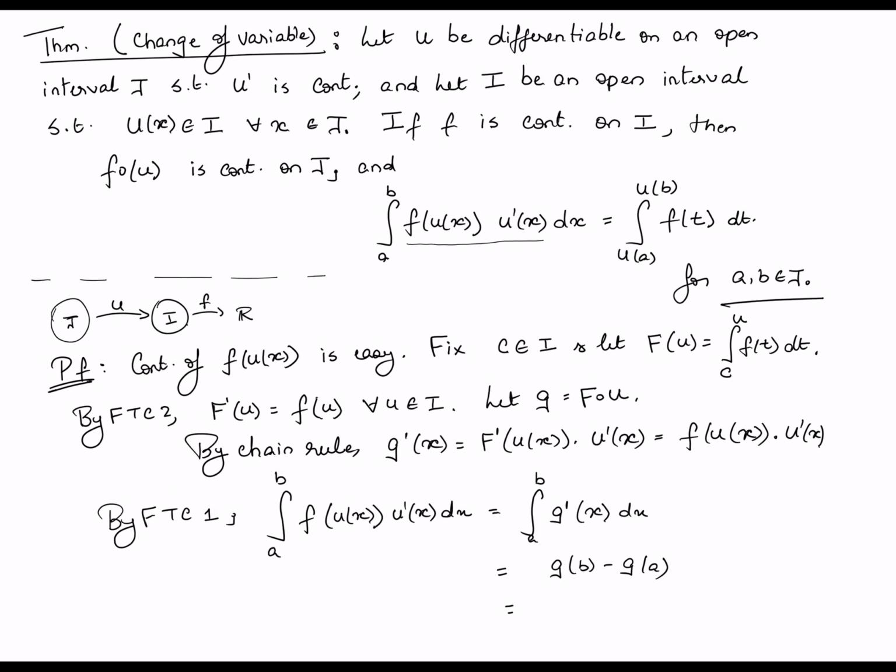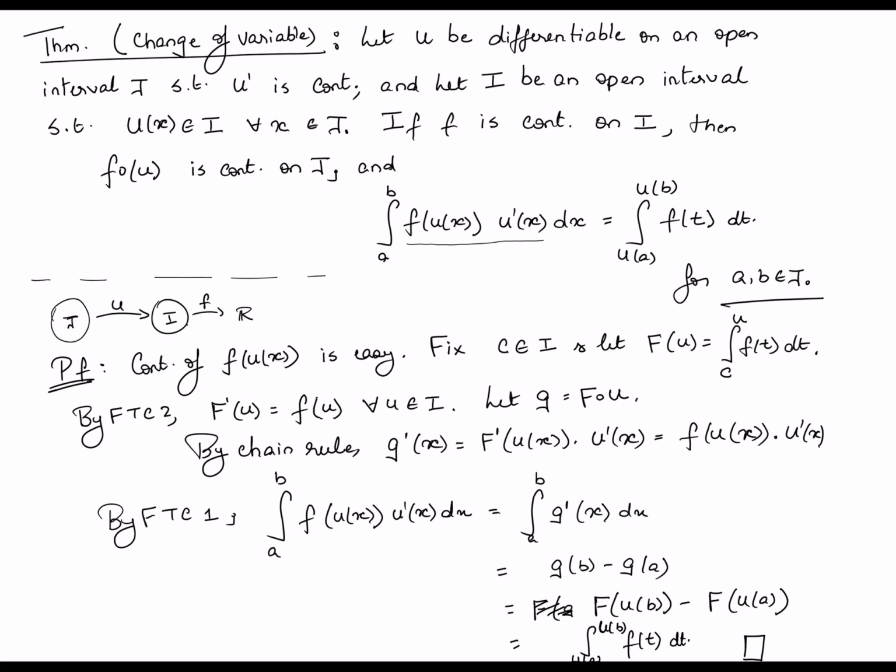G is the composition of capital F with u. So it's going to be F of u of b minus F of u of a, which again, by the definition of F, is in fact the integral from u of a to u of b of f. And that completes the proof.